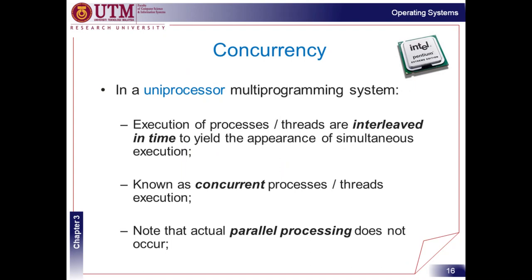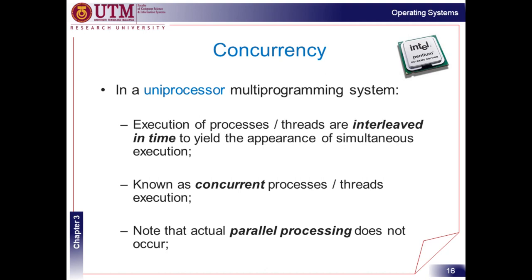This section is about concurrency. Concurrency means that multiple processes or threads can appear to run at the same time even if there is only one processor. In a uniprocessor multiprogramming system, there is only one processor that can execute one instruction at a time.